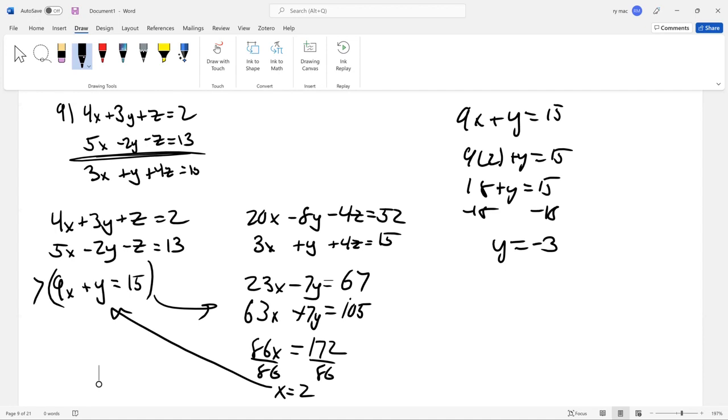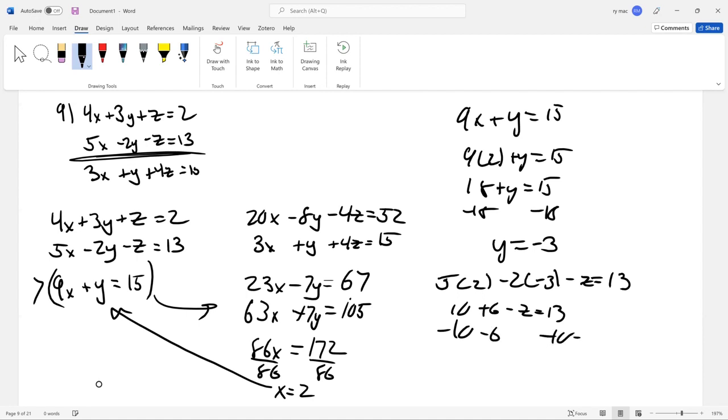So 5 times 2 minus 2 times -3 minus z is equal to 13. So I get 10 plus 6 minus z equals 13. Subtracting the 10 and the 6 on both sides, I get that -z is equal to -3. So divided by -1, z is equal to 3. So that makes my solution 2, -3, 3.